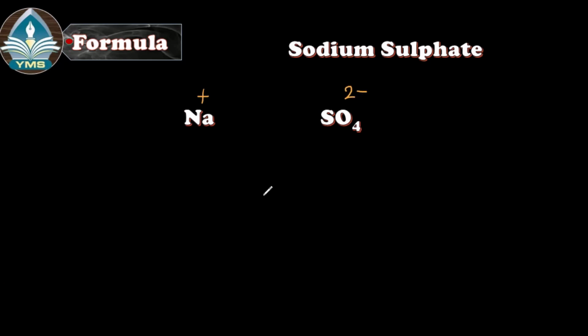Now everyone will take the charge of the other. Sodium will take the 2, so it will be Na2. And sulfate, all the group SO4, is going to take the charge of the sodium, which is 1.